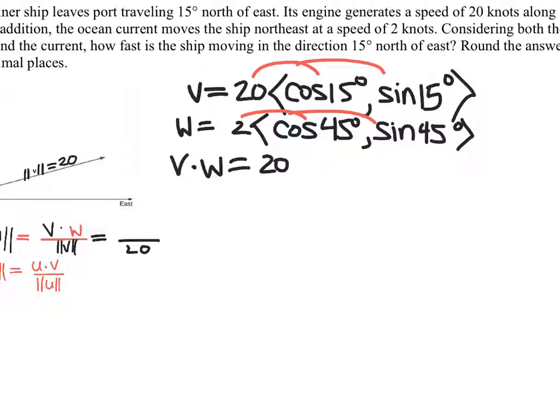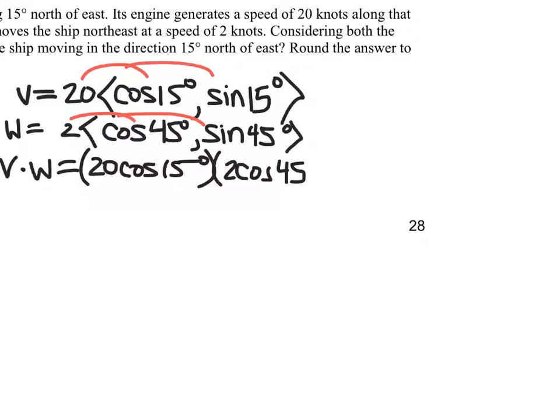20 cosine 15 plus 2 cosine, times, multiplying corresponding parts, 2 cosine 45. I caught myself doing a vector sum there for a second.